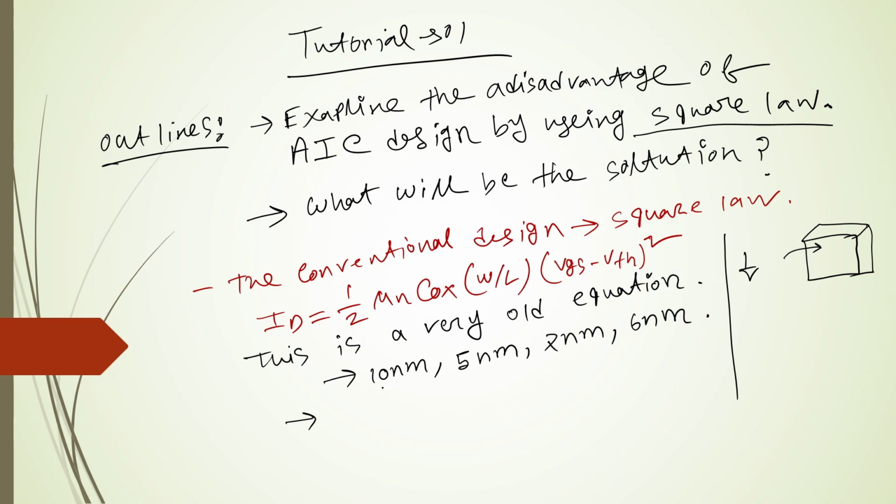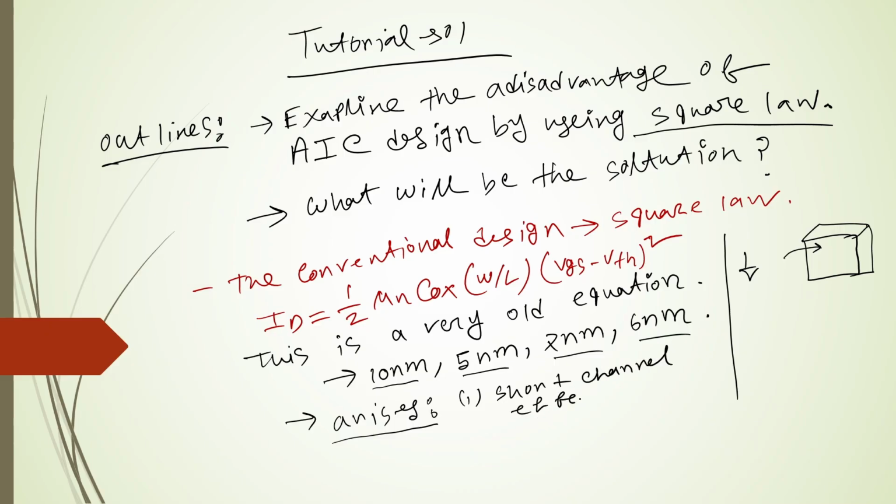Whenever we reduce the channel length of the MOSFETs, different types of effects arise, like short channel effects, and then drain induced barrier lowering, and the channel length modulation.